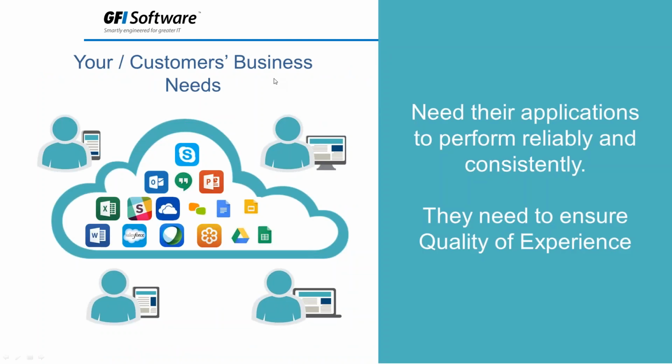So what does this all translate to? What is the main aspect or the main idea? And the main idea is that the customers' or your needs are very, very simple. You need to ensure this quality of experience or quality of service aspect for your users. You want your network to perform seamlessly.